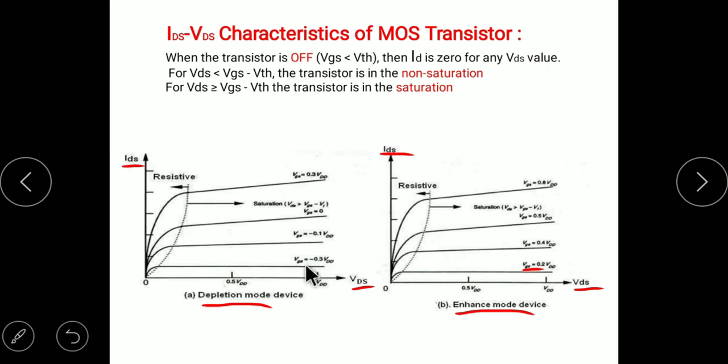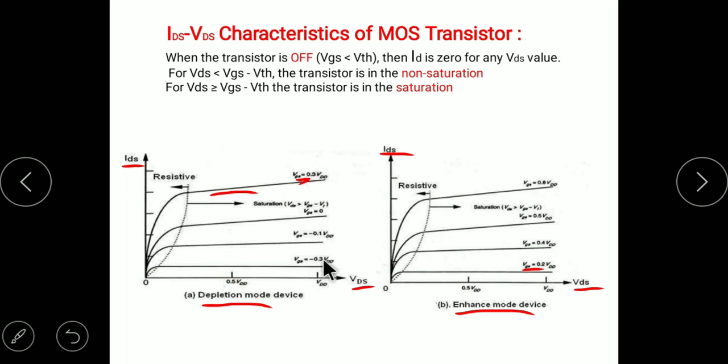So here, if you take this curve, it is negative gate voltage. If you apply negative gate voltage, what will happen? The available charge carriers in the channel will decrease. Hence, a small amount of current flows. If you apply positive gate voltage, that is, if you take this curve, the available charge carriers in the channel will increase, hence more current flows. So in depletion mode MOSFET, if you apply either negative or positive gate voltage, current conduction takes place.